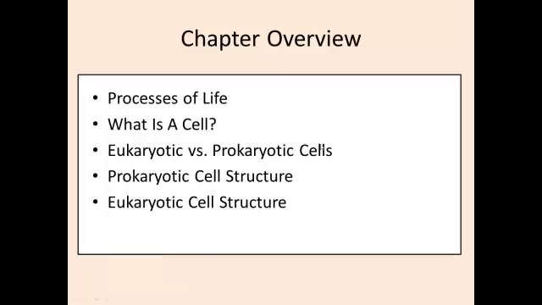For example, in this chapter overview, because it is the first topic, I cover the topics for the chapter, which are the processes of life, what is a cell exactly, eukaryotic versus prokaryotic cells, prokaryotic cell structure, and eukaryotic cell structure. For this particular topic, I'll be covering the first three items: the processes of life, what is a cell, and the differences between eukaryotic and prokaryotic cells.